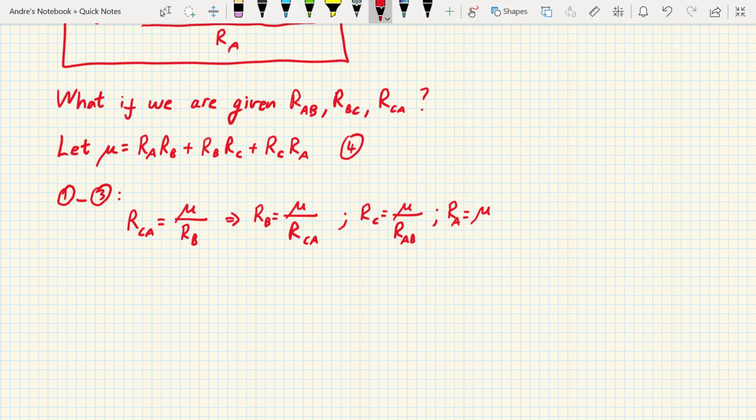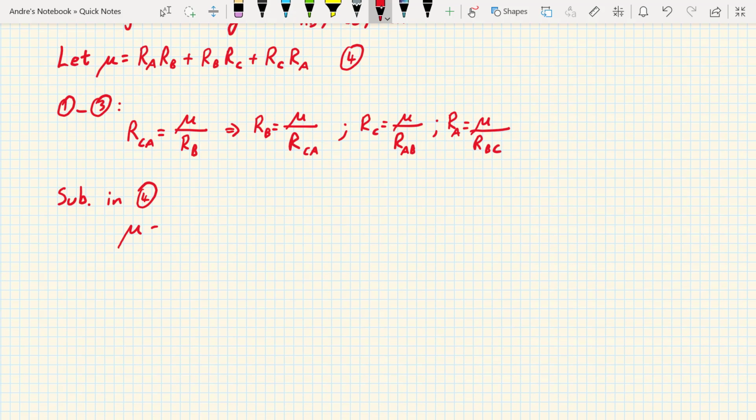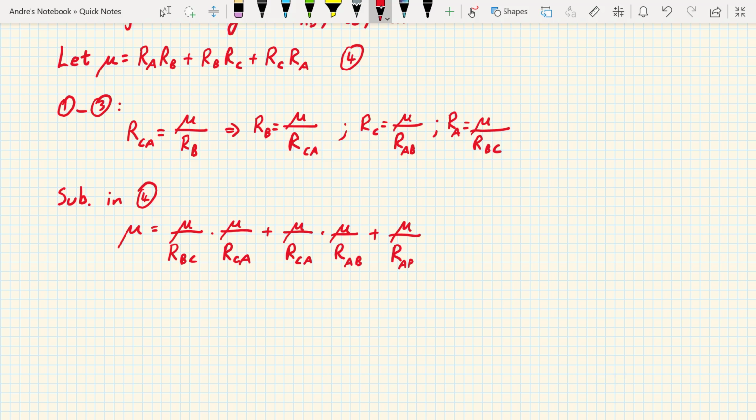That's fine, but the problem is we don't know what mu is. But what we can do is to substitute these expressions for RA, RB, RC into equation 4. If we do that, on the left-hand side, we just have mu. On the right-hand side, we have terms each of which involve mu squared.